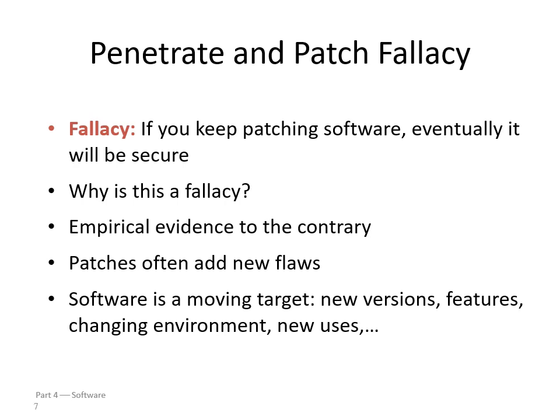Okay, so there's a fallacy of penetrate and patch, which is that if we design something and release it, and we keep fixing the bugs, then eventually we'll have something secure. The fact is, this is empirically false. As you keep fixing bugs, other things happen. For example, often you add new features at the same time as you're fixing bugs, and those new features introduce new bugs. If you look at the number of bugs in Linux over time, it is going up, despite the fact that it has been routinely tested and patched.